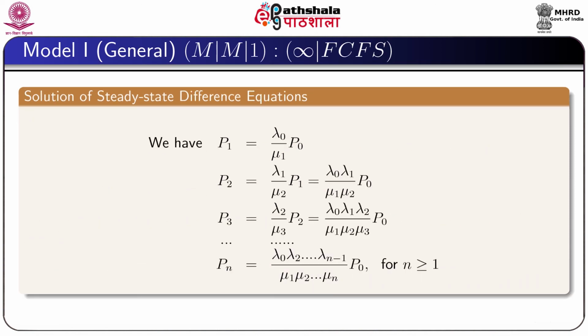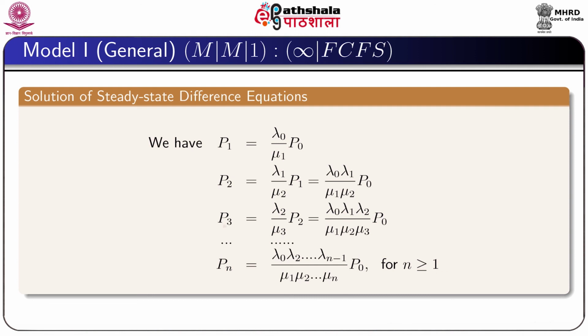Now, we would like to solve these steady state difference equations, and we have p 1 equal to lambda 0 by mu 1 into p 0, p 2 equal to lambda 1 by mu 2 into p 1. Putting the value of p 1, we get p 2 equal to lambda 0 lambda 1 by mu 1 mu 2 into p 0.